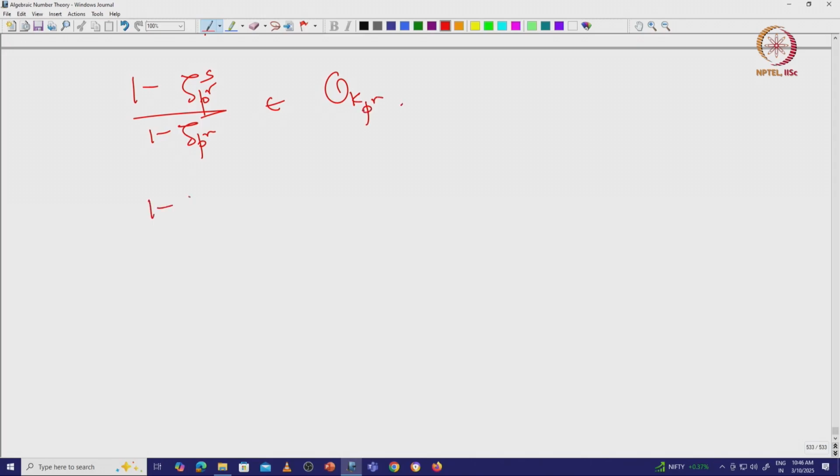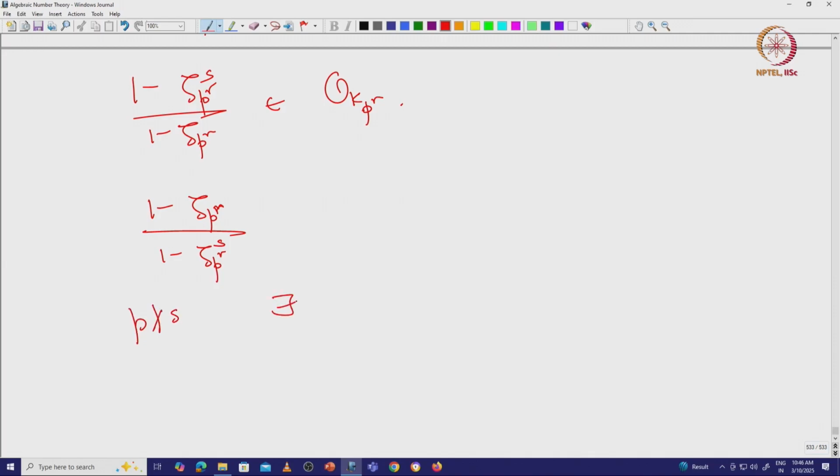Now, what about the inverse? We can't really directly use this, but remember now p does not divide s.